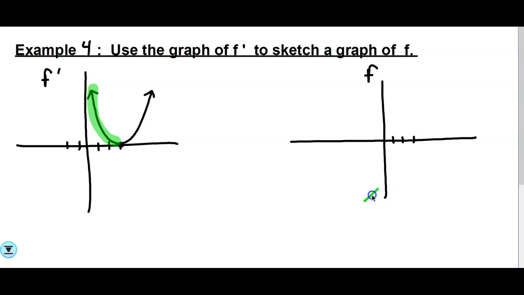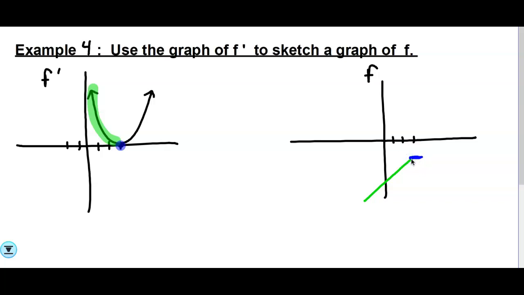So my graph is moving in an upward direction until I get to x equals 3. And then what happens at x equals 3? At x equals 3, my f prime is touching the x-axis, which means that f prime equals 0. And when f prime equals 0, that means that f has a flat slope at that point.